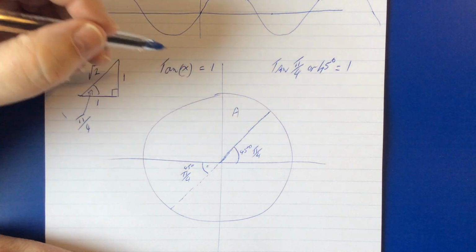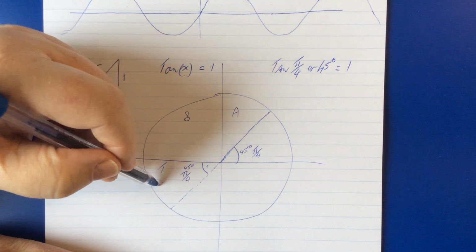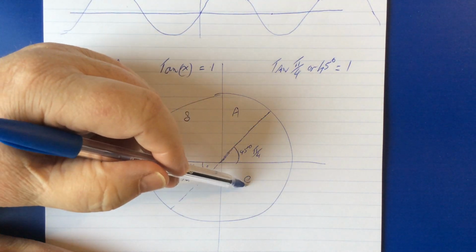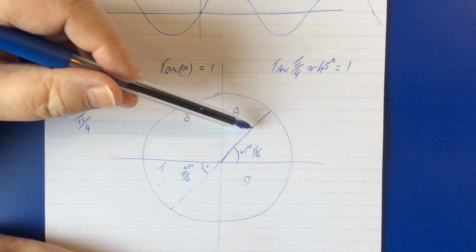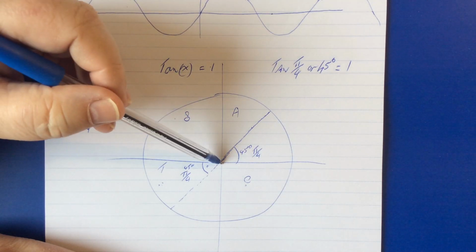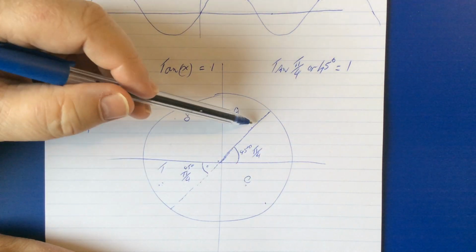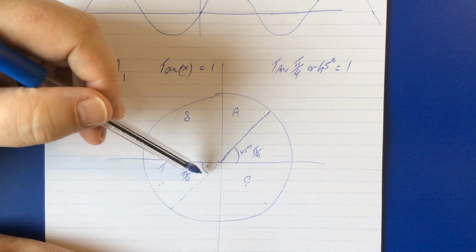Because all the signs are positive here, sines are positive here, tangents are positive here, and cosines are positive here, which means that if we drew the tangent angle in here, it would be -1, and if we did the same here, it would be -1. But here, it has a value of 1, 1 over 1, and here it has a value of 1.